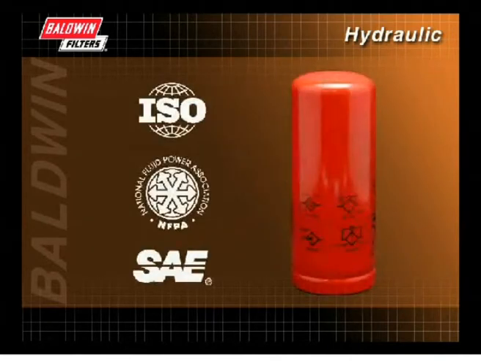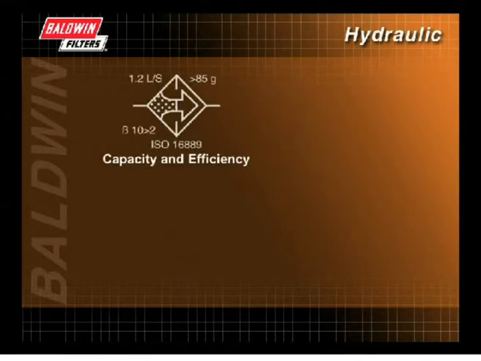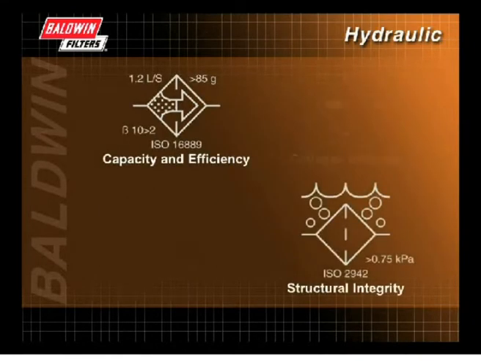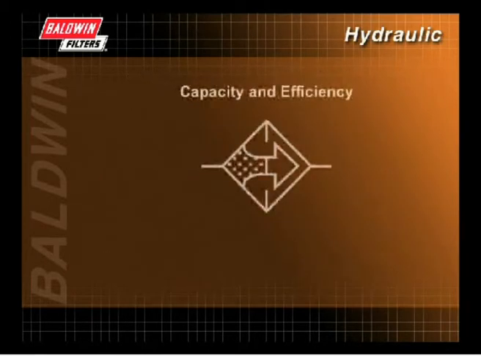All of these organizations work to develop and improve standards for testing fluid power components such as filters and reporting the results. This is important when evaluating the performance ratings of different filter brands. The four major criteria for filter performance are capacity and efficiency, structural integrity, collapse strength, and resistance to flow.